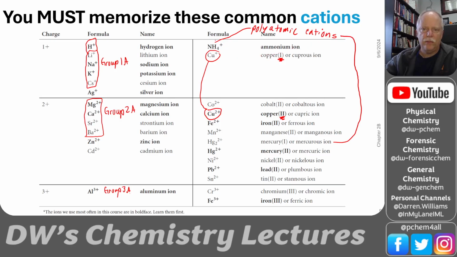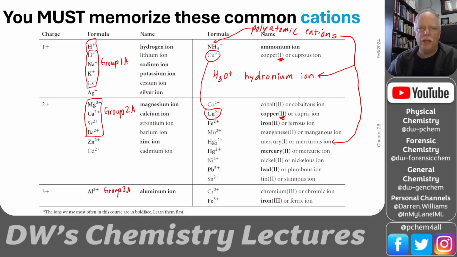We have ammonium here and mercury here. And sometimes we'll see hydronium, so H3O+. Hydro, because it's water. Hydronium. So that's another polyatomic cation. So there's 3 really common ones that are cations.